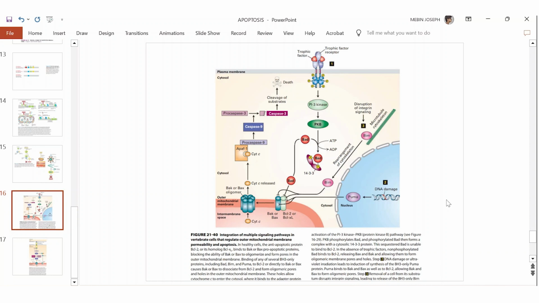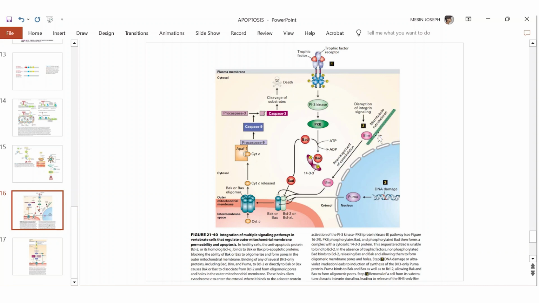Okay. Now, another method, that is the third scenario where integrin molecule is disrupted. So integrin is actually a cell to cell adhesion molecule and it helps in cell migration and cell motility.